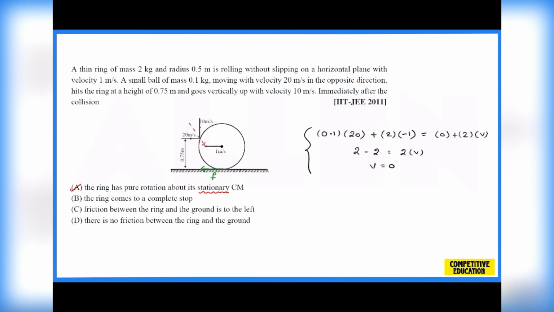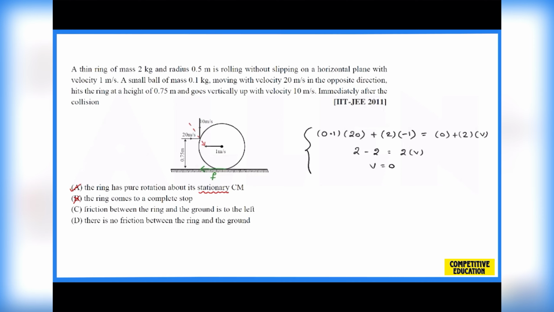Now moving to B, the ring comes to a complete stop. See, I have seen that the ring is rotating, it hasn't come to a complete stop. So option B will be wrong, because the ring is in rotatory motion. Now moving to C, friction between the ring and ground is towards left.